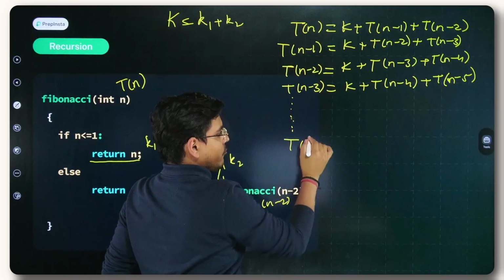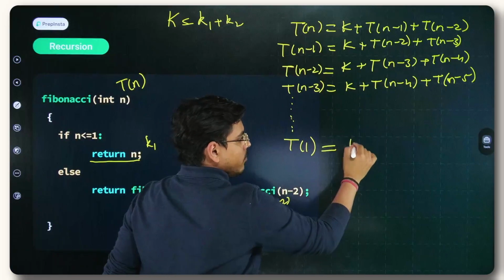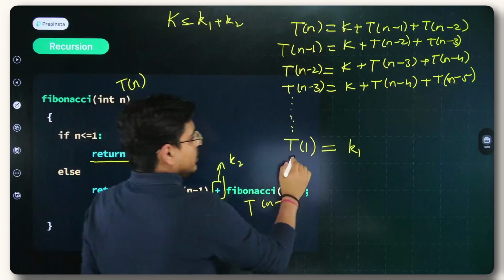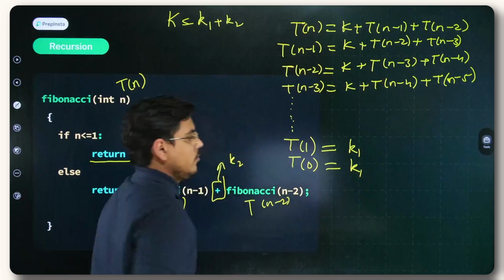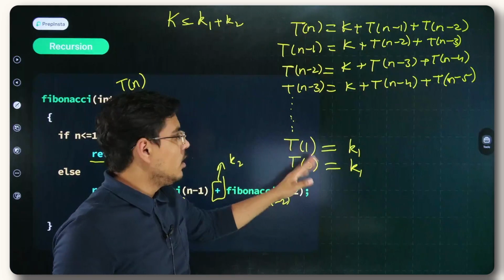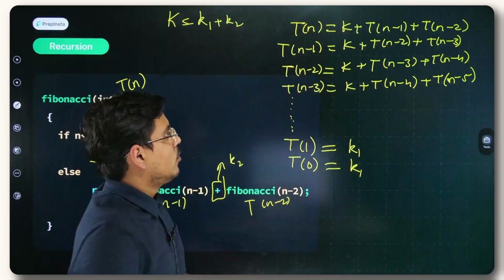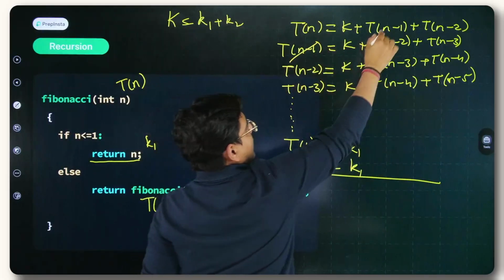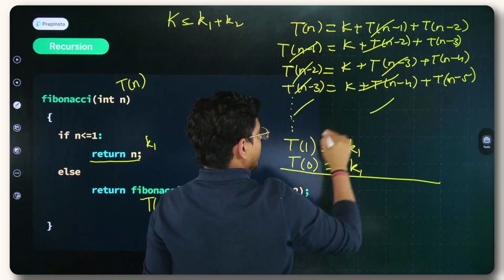When we reach T of 1, this portion would execute, so basically k1 time would be taken. Then it would go to T of 0, and again k1 time would be taken. Simple. So for this extent, if I try and sum them up, I'll cancel these terms out every time.